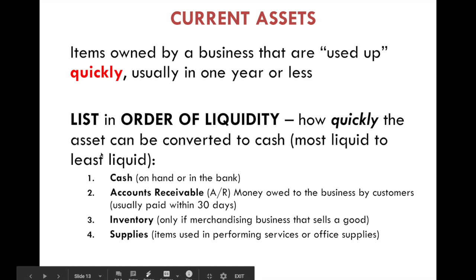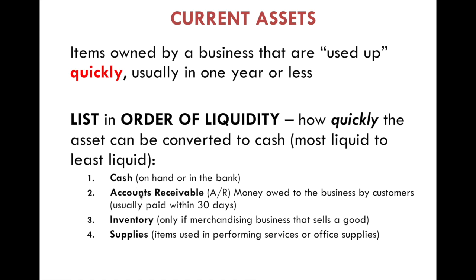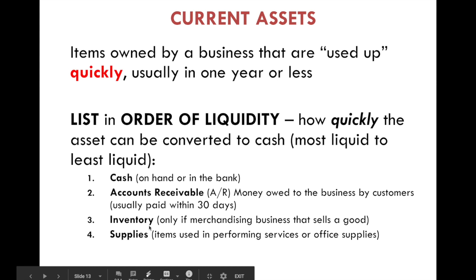Anyway, so you'll notice that these are all listed in order of how easy it is to turn them into cash. Cash always comes first because it's cash. Accounts receivable is always second because we know that we're going to get the money in 30 days. So it's pretty easy. All you got to do is wait 30 days and it turns into cash. Inventory. Seeing as how the business is designed to sell its inventory, it's reasonable to assume that it can sell its inventory pretty quickly.